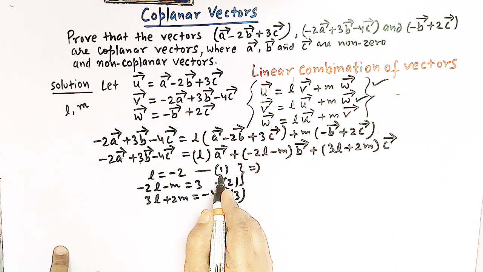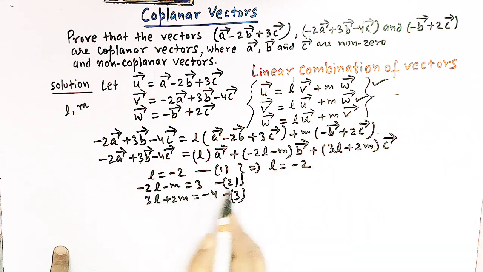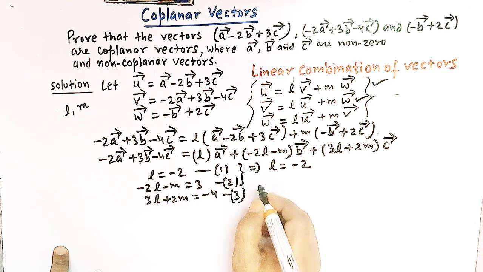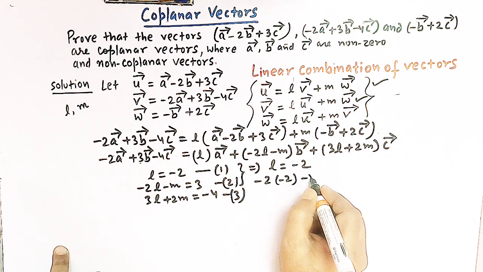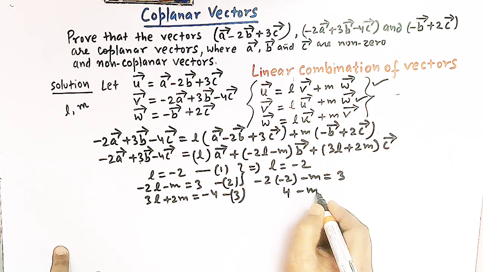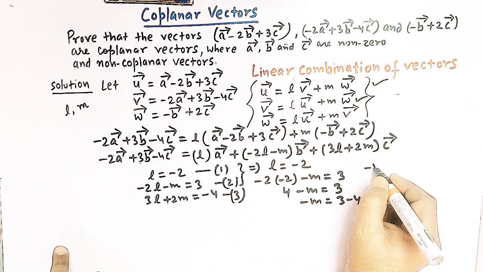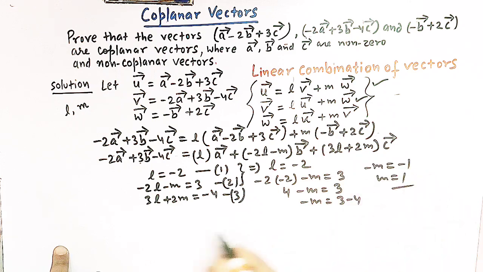So from equation 1 we have directly L is equal to minus 2. So to get the value of M, we'll substitute the value of L in equation 2. We have minus 2 times minus 2 minus m is equal to 3. So this is 4 minus m is equal to 3. That is 3 minus 4. So we have minus m is equal to minus 1. That is m is equal to 1, right?